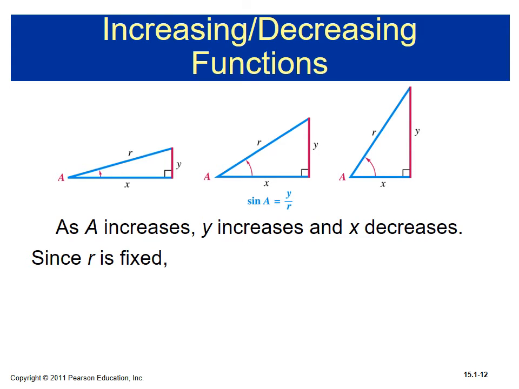So since A increases, y increases, and x decreases, since r is fixed, sine of A increases, cosecant of A decreases. Okay, we'll take the reciprocal of that. So as that increases, then the cosecant must decrease because it's fractional.